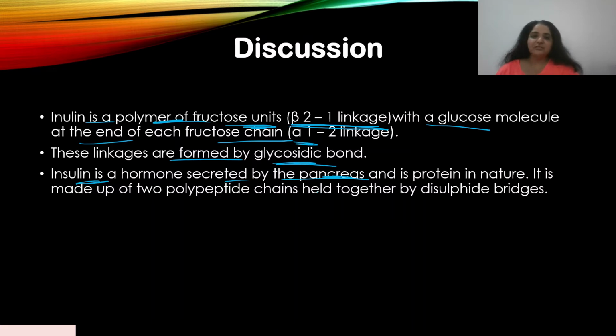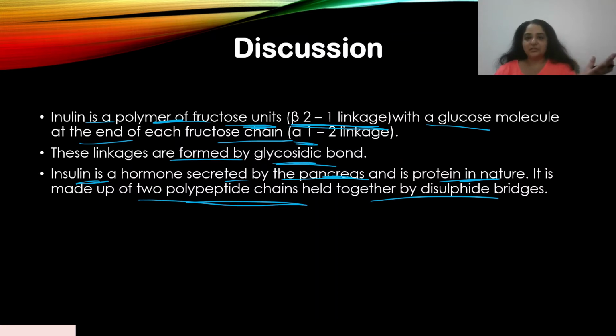I've already discussed the functions of insulin in much detail in the endocrine system, so please check that out. Insulin is a hormone secreted by the pancreas and is protein in nature. It is made up of 2 polypeptide chains held together by disulfide bridges. This is basically the structure of insulin. There are various steps by which the final structure of insulin is formed.